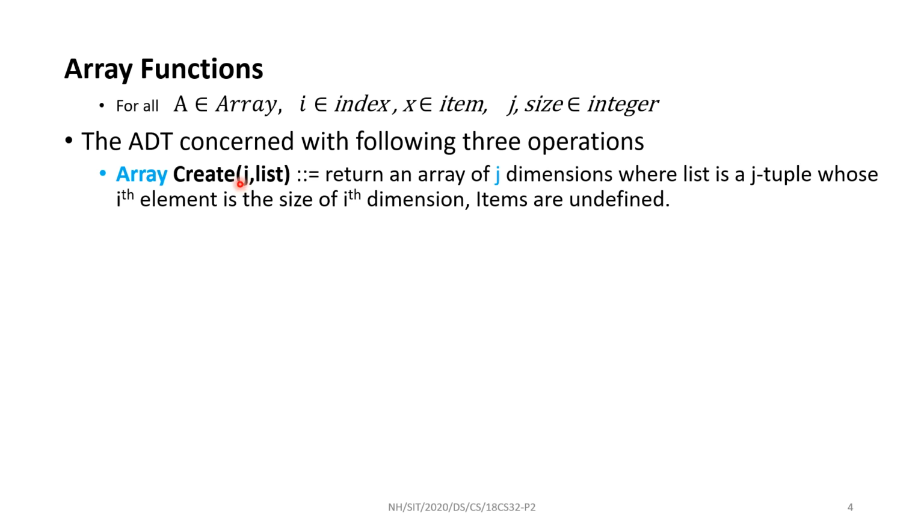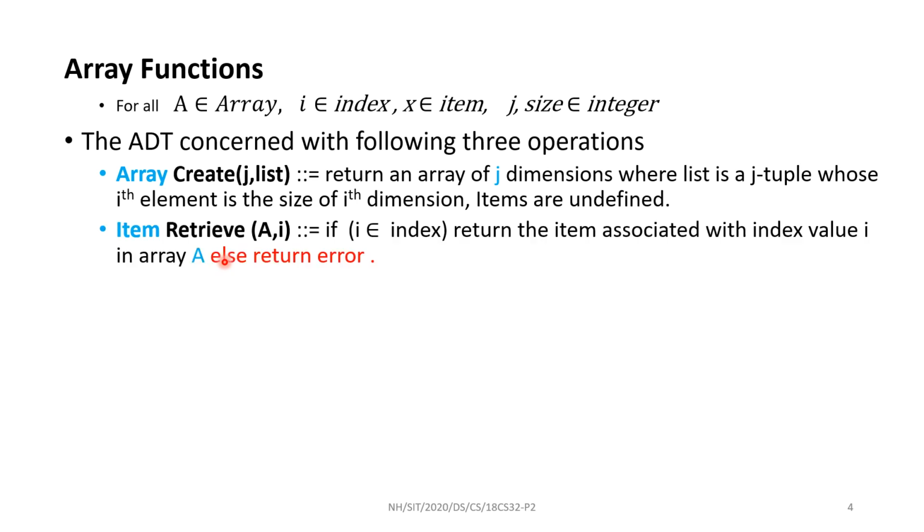In case of a one dimension array, one value is required. In case of 2D, two values plus the array name. When you create the array successfully, the function returns an array of J dimensions, where you are going to put the items.